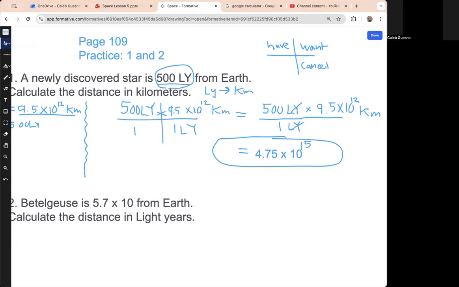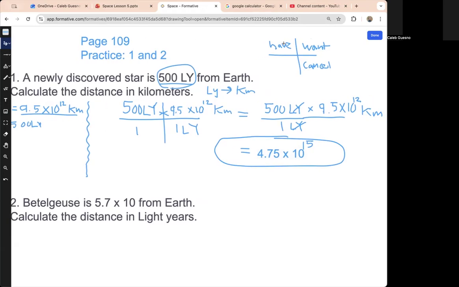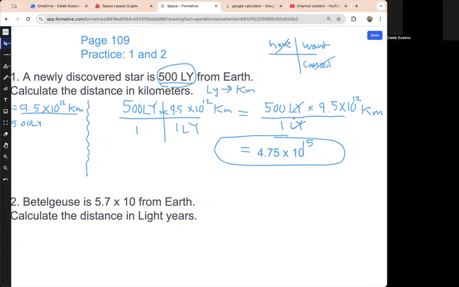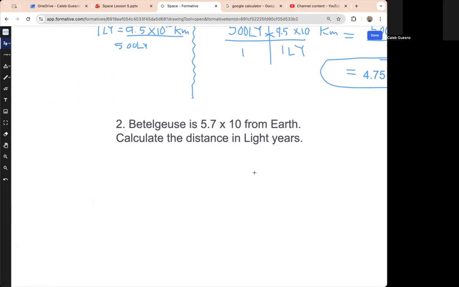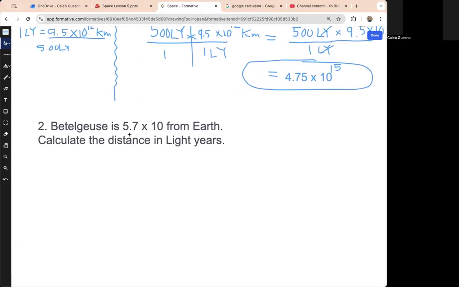That's it. A lot of math, I know, but just remember we're going to cancel out similar units, which we did, and then get what we want. That's our goal here. For the second problem, Betelgeuse is 5.7 times 10 to the 15 km from Earth.